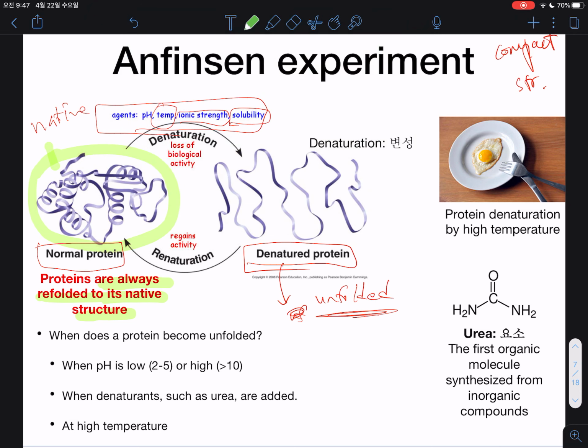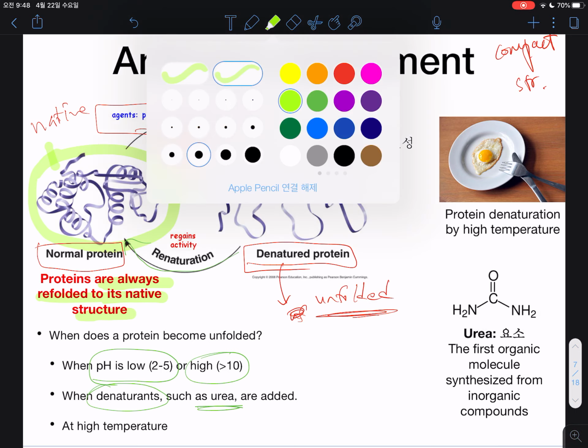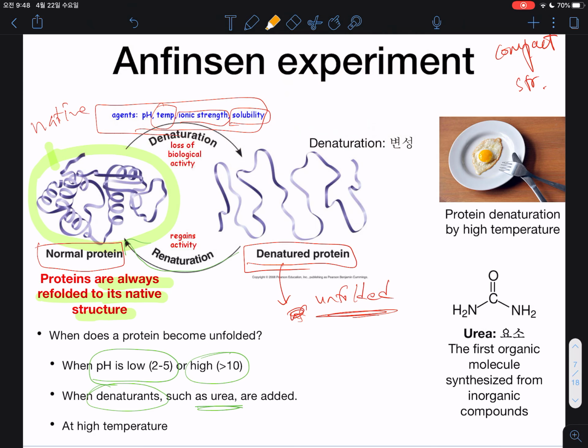But from this native structure, if you change the environment, such as making the pH very high or very low, or adding a denaturant such as urea, proteins become unfolded. But once urea is removed, they go back to their original state. This is what Anfinsen found out, and it is called Anfinsen's principle.